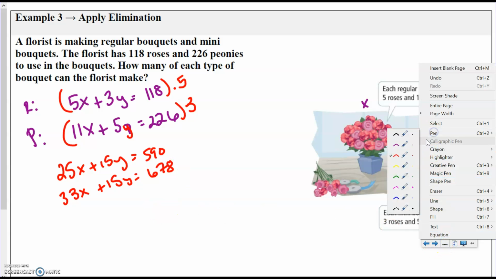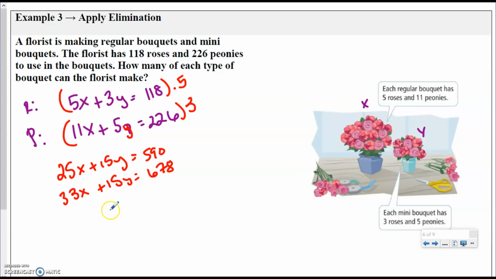Right now, these do not cancel because they're both positive. So what I'm actually going to do, and you can actually do this in the first step, is change the signs for every part of that first equation. So now I do have a negative there. So negative 25x plus 33x is 8x. Negative 15 and 15 cancel. And 678 and negative 590 give me positive 88.